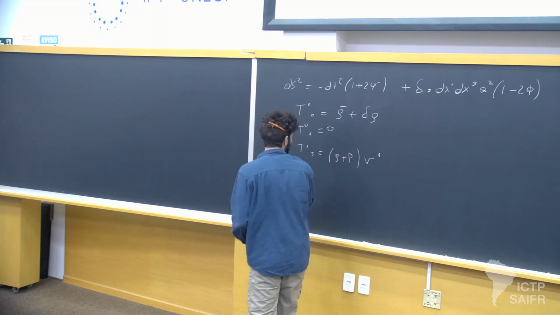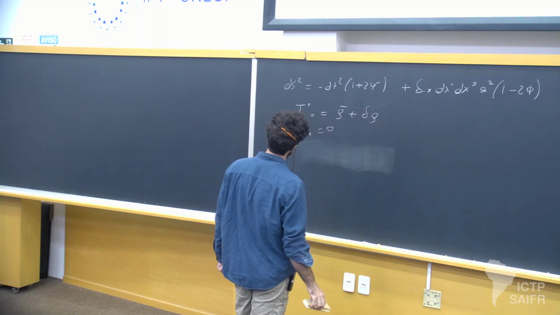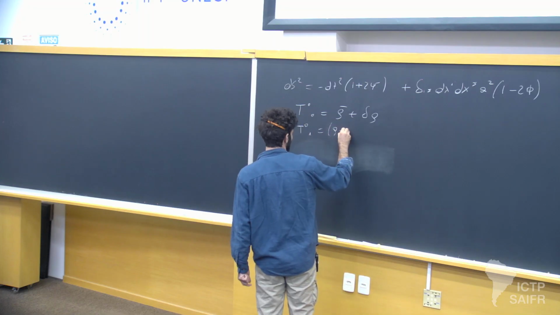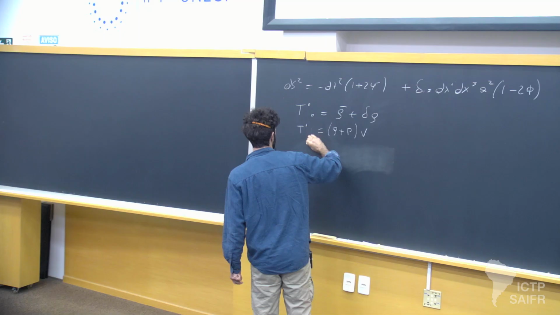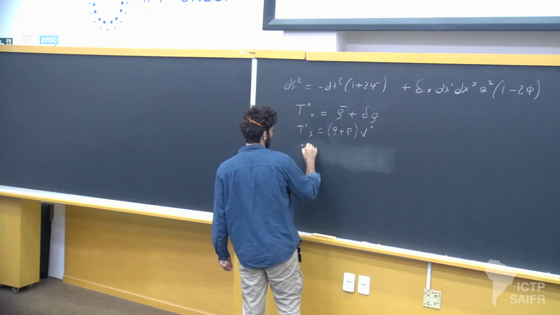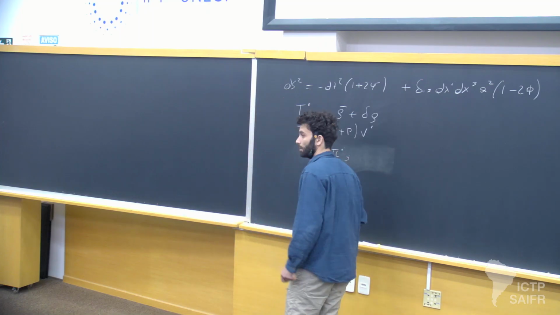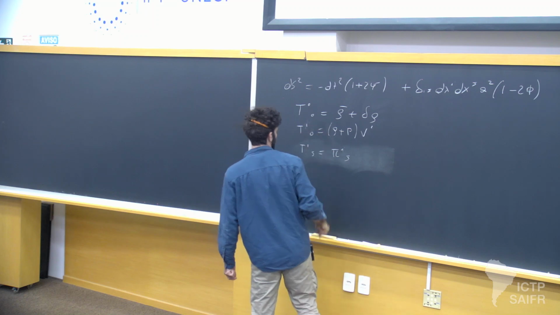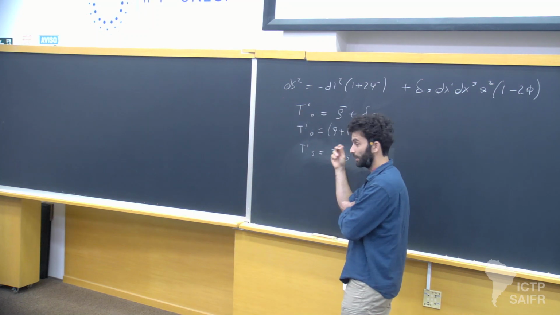Exactly, thank you very much. And T ij is basically given by P delta ij plus the anisotropic stress, so the non-diagonal part of the spatial metric.